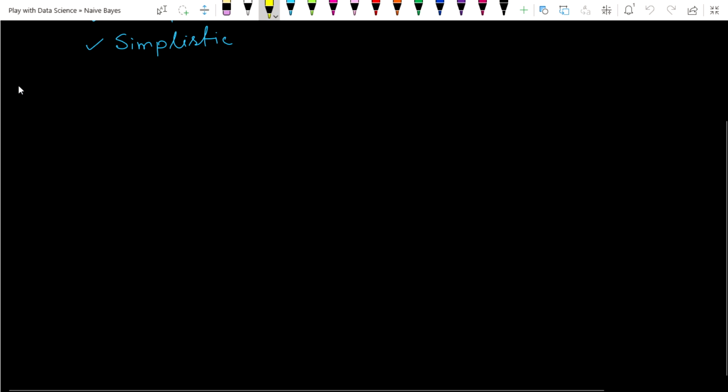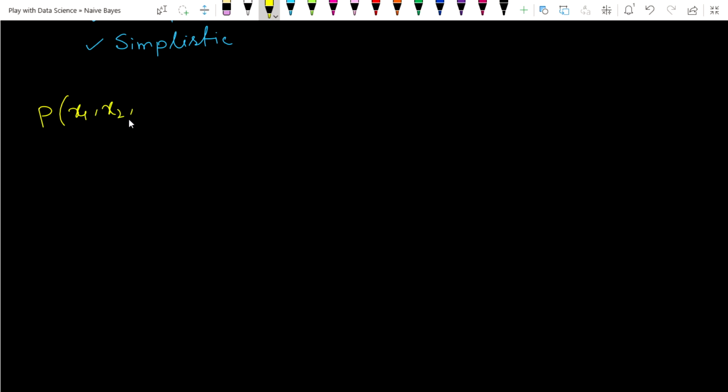From our Wikipedia page, we get that we are interested in calculating the probability of x1, x2, x3, up to xn, and the class label ck.